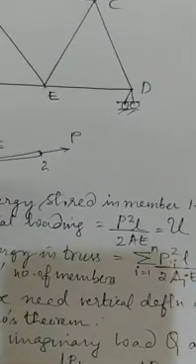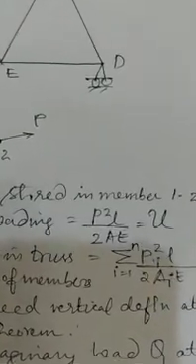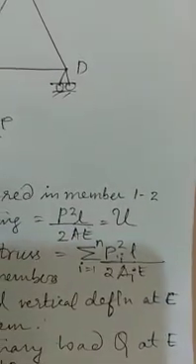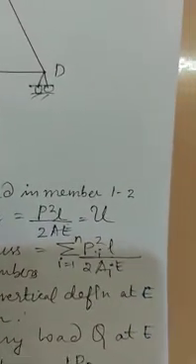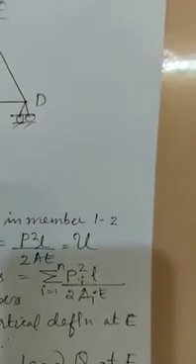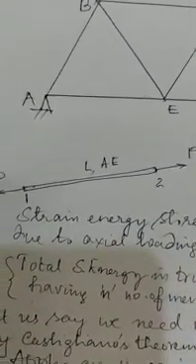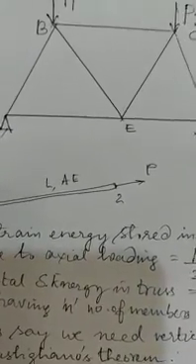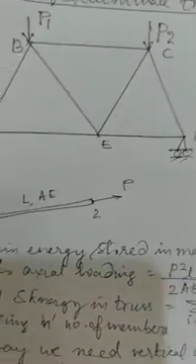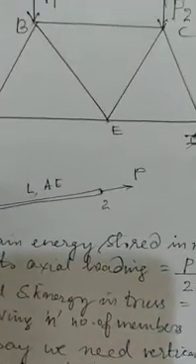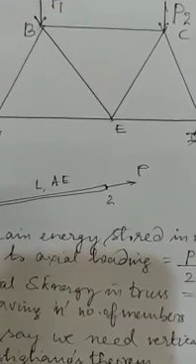So in the member 1, 2, the strain energy stored due to an axial load P is P square L by 2 AE, represented as U. The truss is made up of a number of such members, one of which has been taken as member 1, 2. Like that, the truss will have several members.